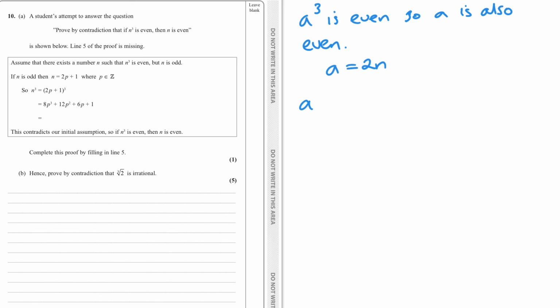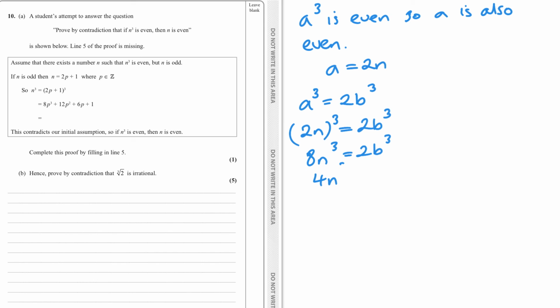So my a cubed equals 2b cubed now becomes 8n cubed equals 2b cubed, or 4n cubed equals b cubed. I can also write this as 2n cubed equals b cubed, therefore b is an even number.